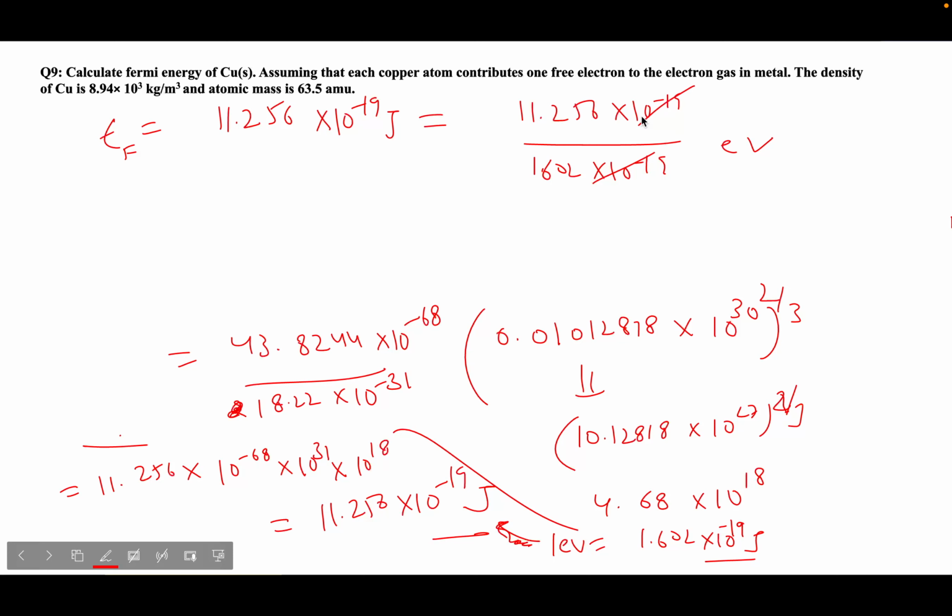So 11.256 divided by 1.6 is about 7 electron volt. This is the answer.